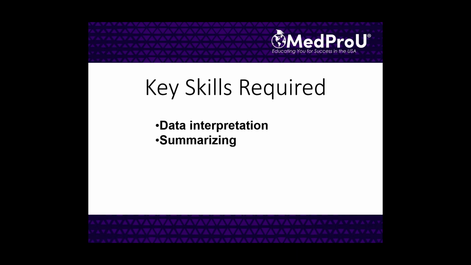You have to focus on the most important information rather than writing everything that you see on the graph or on the chart. Okay? You also need clarity and conciseness. You have to write clearly and concisely without unnecessary repetition. And lastly, organization. You have to structure your writing in a logical way.